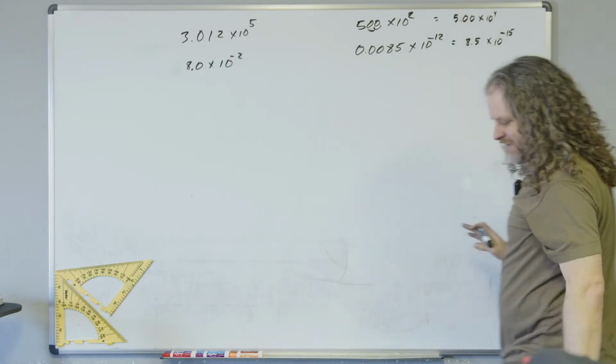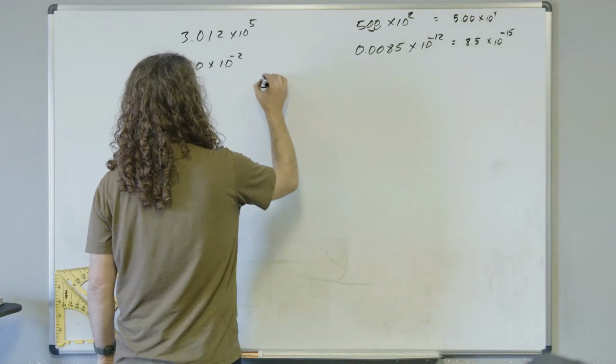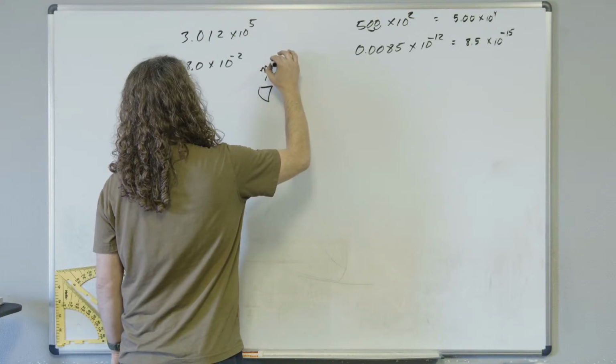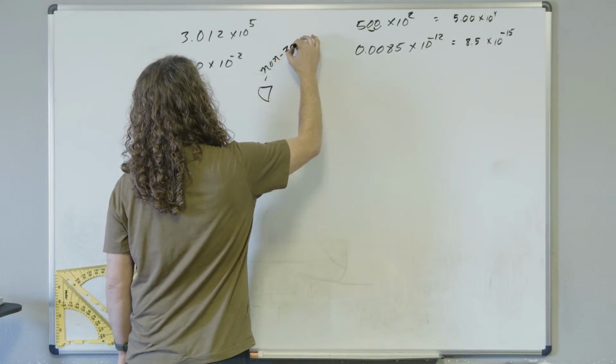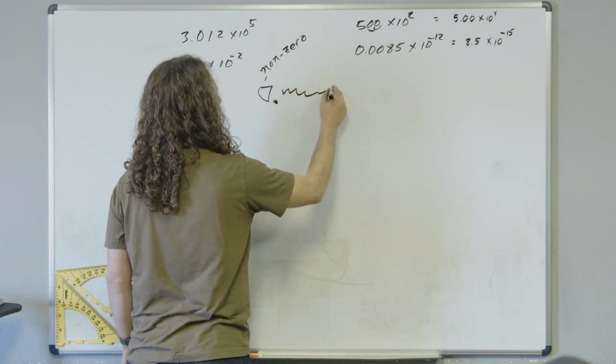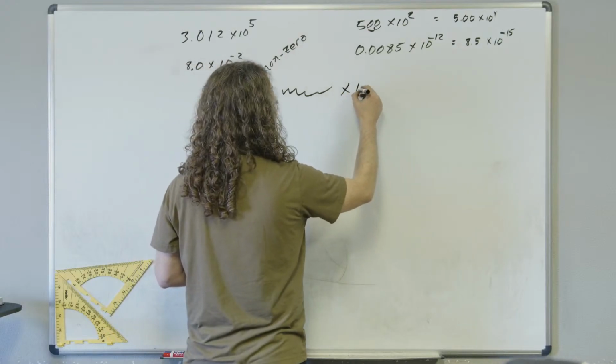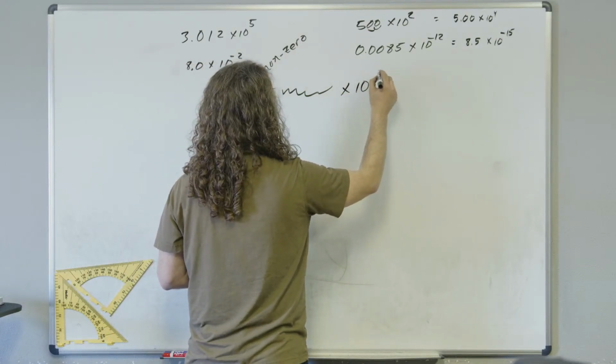So correct scientific notation has a non-zero number, and the decimal one, it can have any number of other numbers after it. And then times 10 to the something.